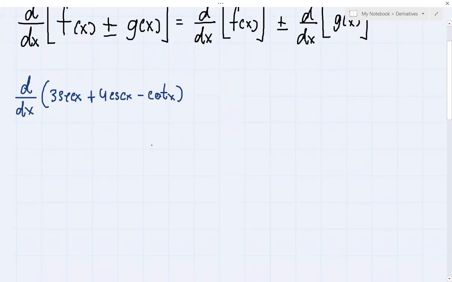So in here, let's get the derivative for this one. So ito magiging format niya. Derivative of 3 times secant x plus derivative ng 4 times cosecant x minus derivative ng cotangent x.